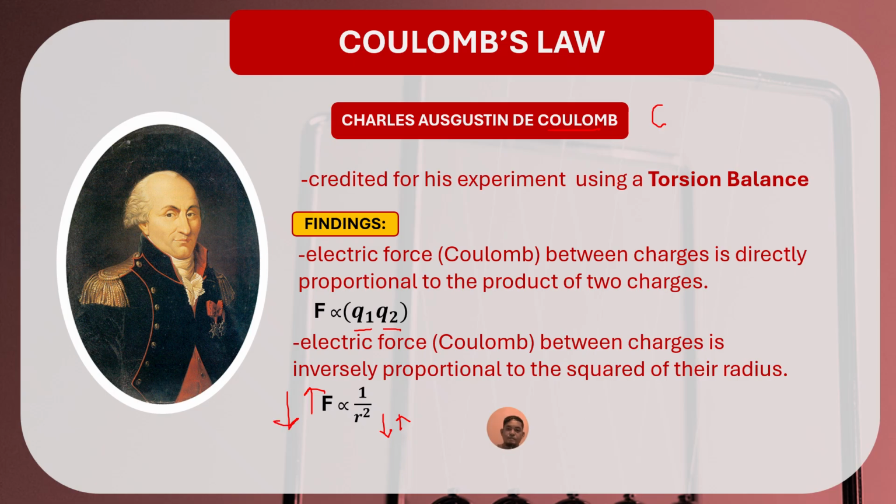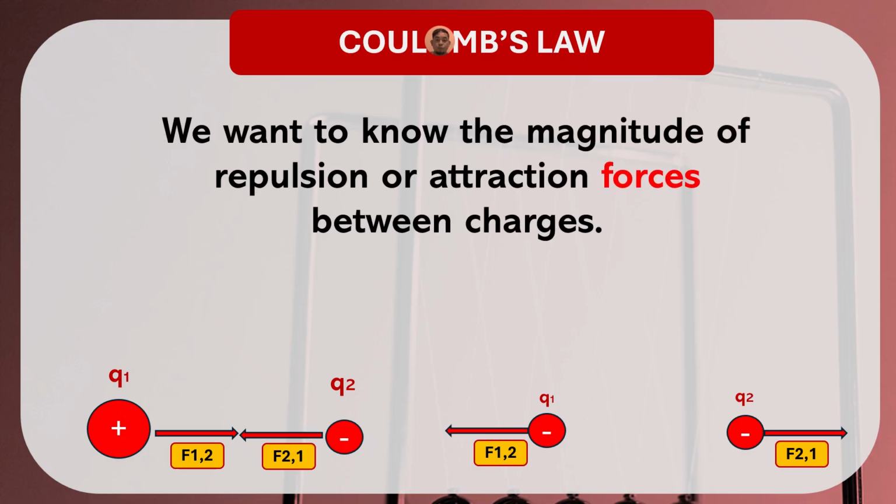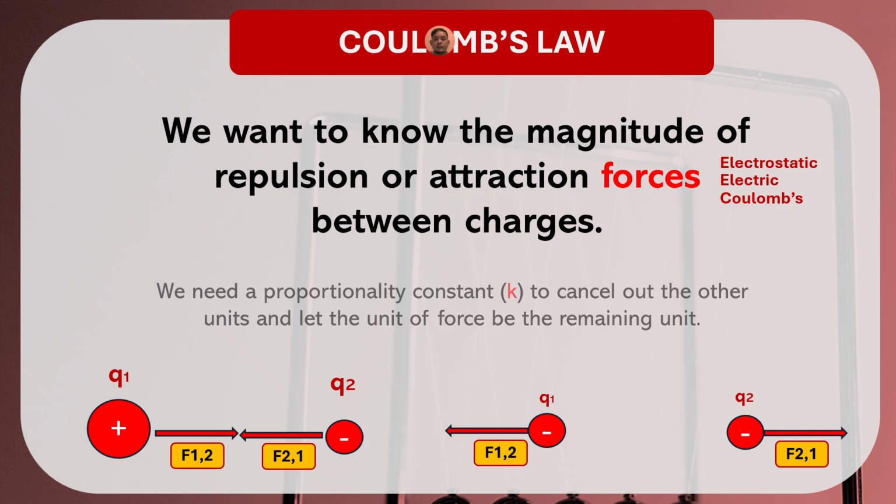It makes sense, but we need another thing. We want to know the magnitude of repulsion or attraction forces between charges, and that force is specifically called the electrostatic or electric Coulomb's force. Then we need a proportionality constant, K, to cancel out the other units and let the unit of force be the remaining unit.